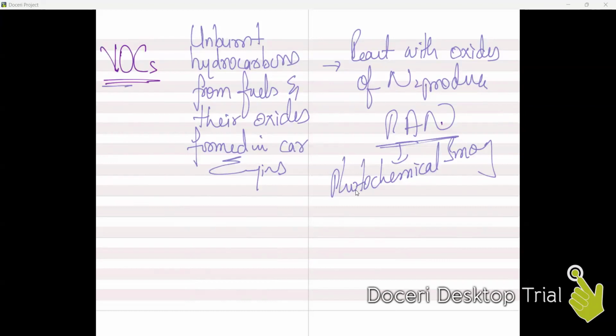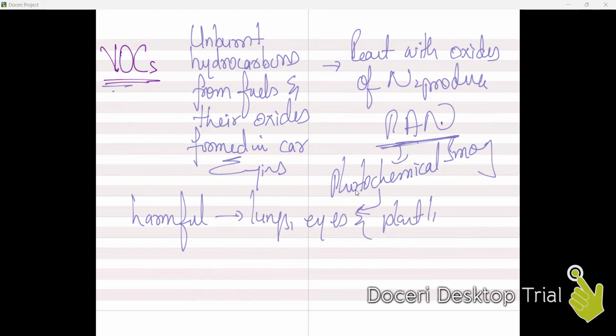So the unburned hydrocarbons, which are very volatile, if they react with the oxides of nitrogen, produce PAN, which is a photochemical smog. It is very harmful to the lungs, the eyes and plant life. So that's how hydrocarbons are affecting our atmosphere.